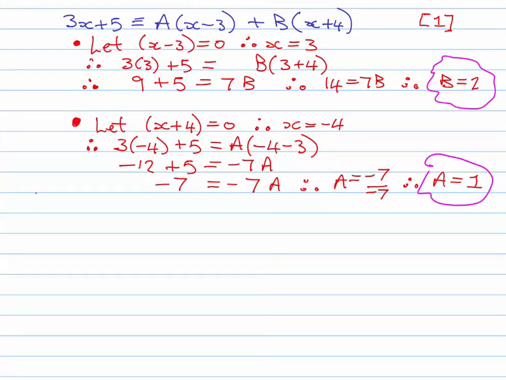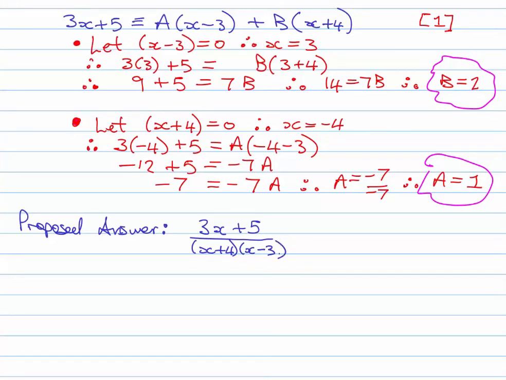So, our proposed answer, change colour. So proposed answer. Okay, let's put the question in first of all. So I'm saying 3x plus 5 sitting over x plus 4, x minus 3.